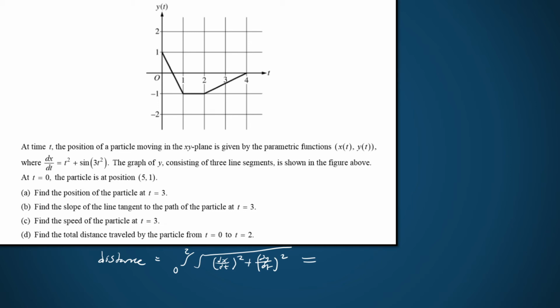So my problem is my function for dy over dt is different based on what my x value is. So I can't integrate this as one function. I'm going to have to break this apart. Where do I need to break this apart?